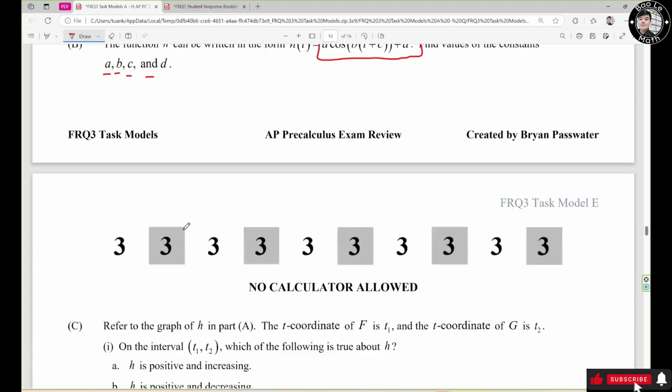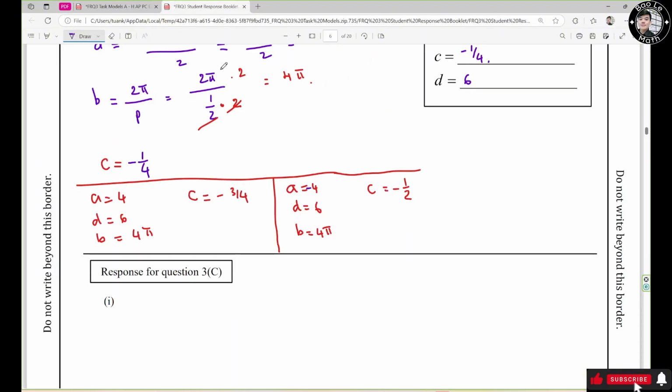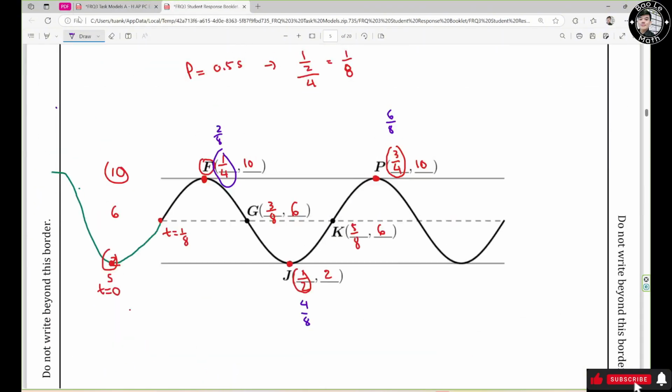Now let's move on to the next question right here. Same thing. We look at the interval from T1 to T2, from point F to point G. Because the y coordinates are positive, the function is positive, and it's decreasing because it's going down.